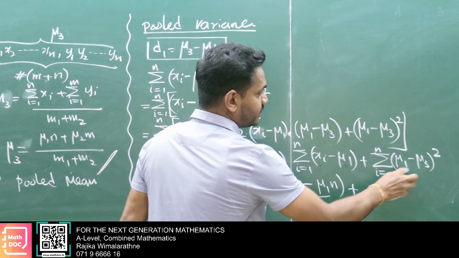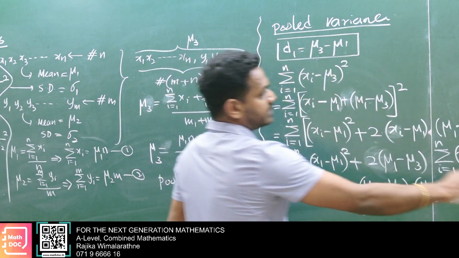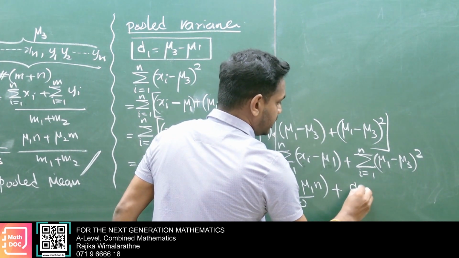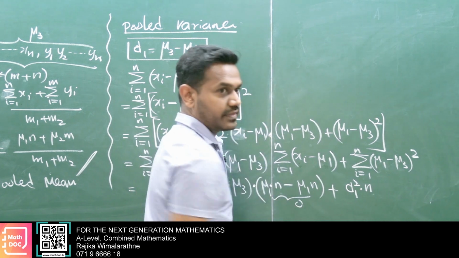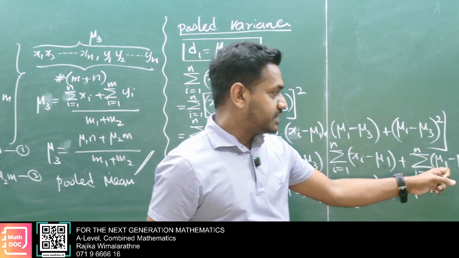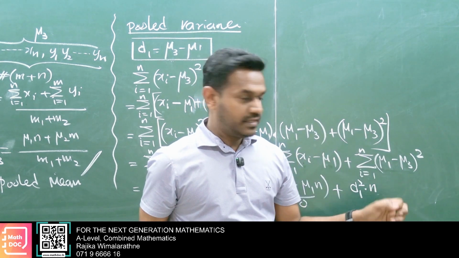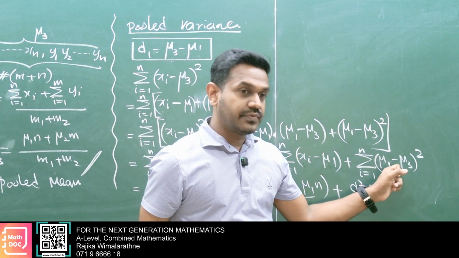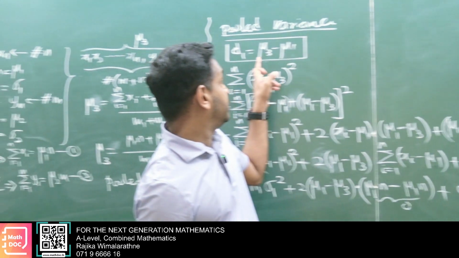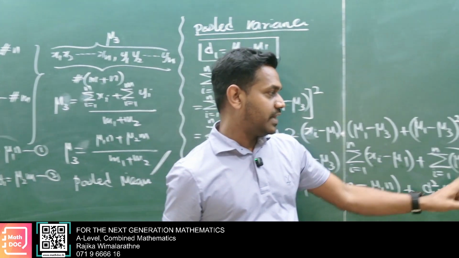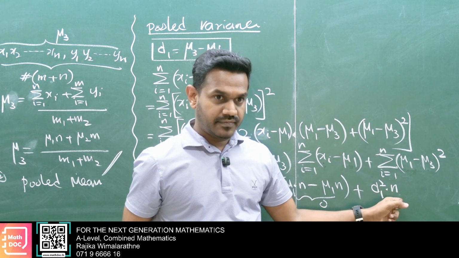Then mu1 minus mu3, that is given as d1, since mu3 minus mu1 is d1. Then its square, d1 squared, summed from 1 to n, means we have to multiply by n, since we have n count. This is a constant: the sum of k from 1 to n equals kn. Here (mu1 minus mu3) squared means d1 squared, which occurs n times, so d1 squared times n.